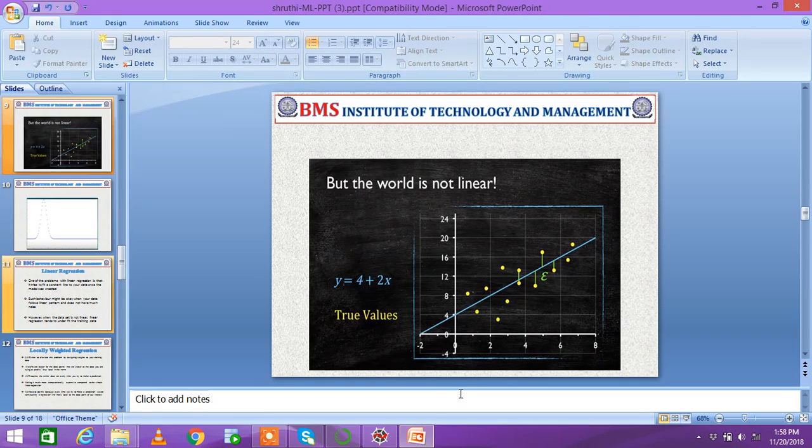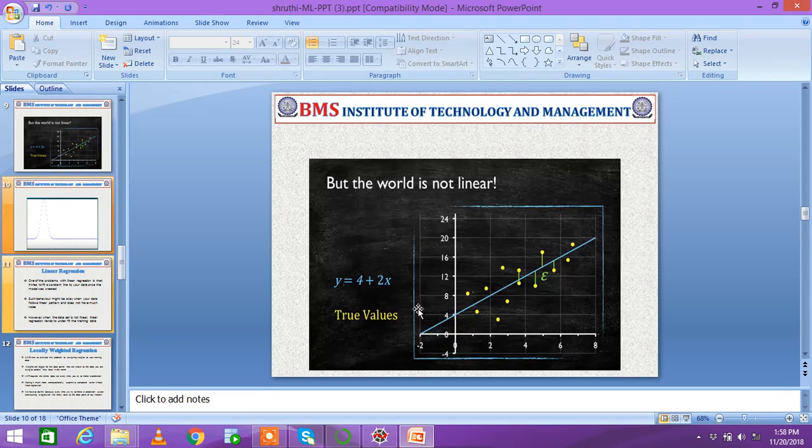From the previous linear regression model, we have the intercept which is 4, which is nothing but beta naught. Similarly, beta 1 is nothing but the slope, and we get a value for this particular slope. y is equal to 4 plus 2x is the linear equation we will be calculating.